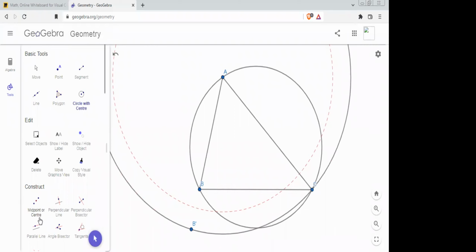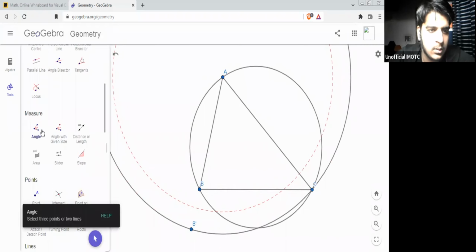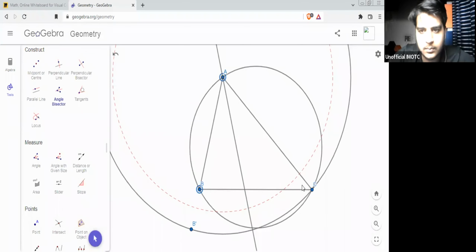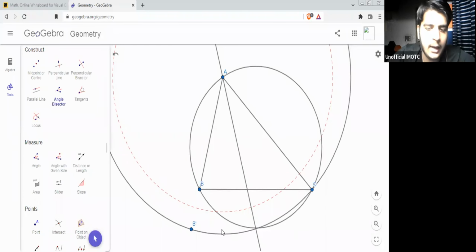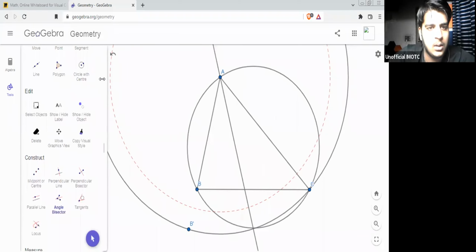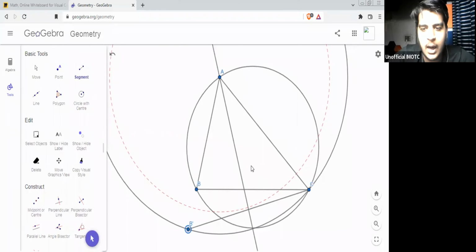Yeah. Now, if I consider the angle bisector and reflect B dash over the angle bisector, where will it go? Yes, because AB dash C is an isosceles triangle, and this is basically the altitude also.